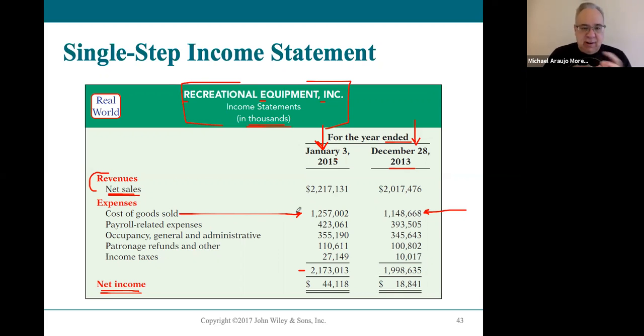And that's because of the cost for the inventory. Because when they buy the inventory, it's their asset. But when they sell it, it's the cost of goods sold. It's an expense.